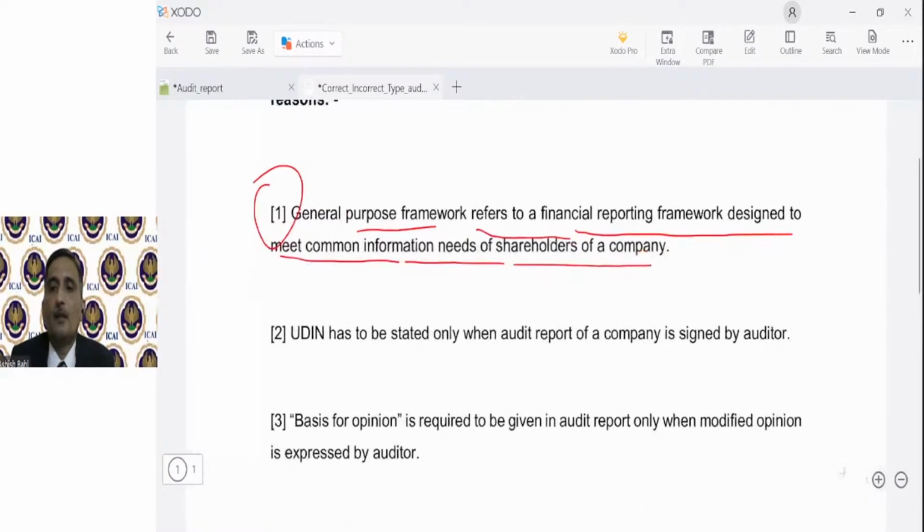Yes, I am zooming it. Is this statement correct or incorrect? Yes, Abdul, is your query clear regarding UDIN and membership number?